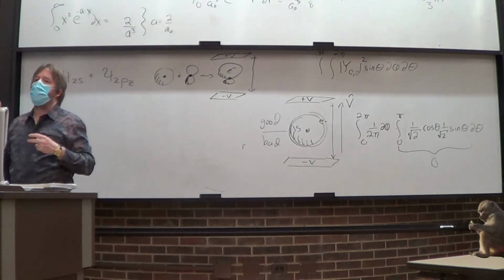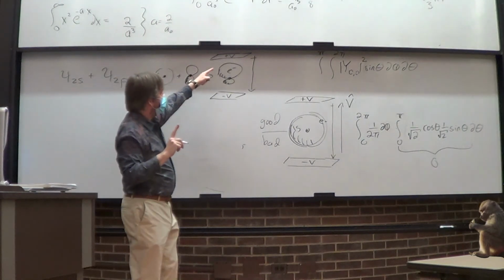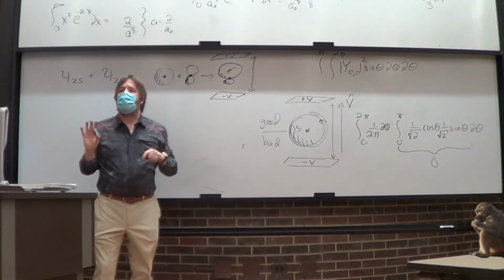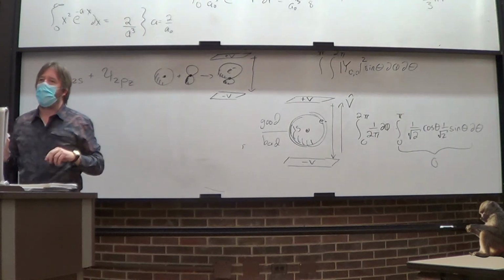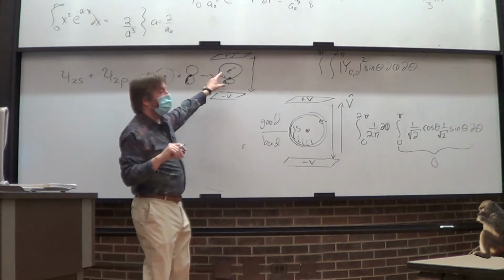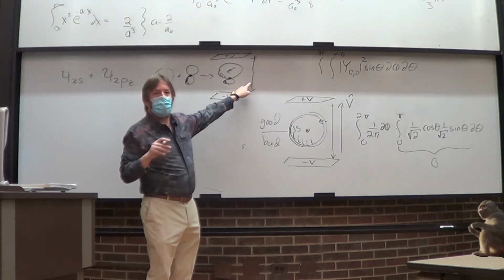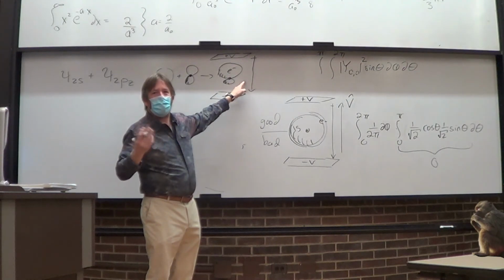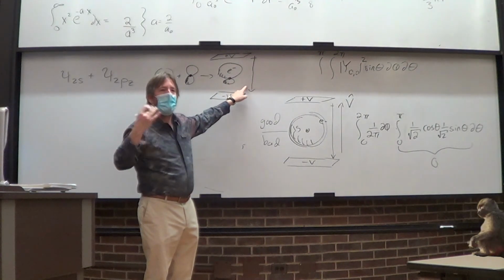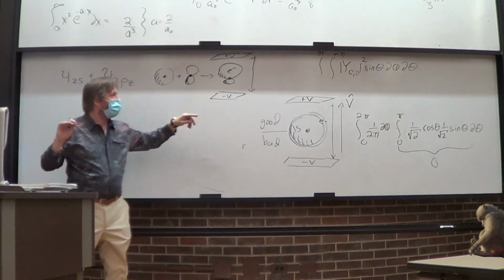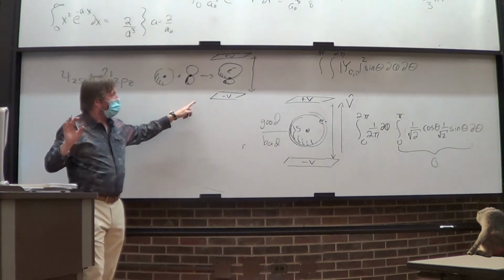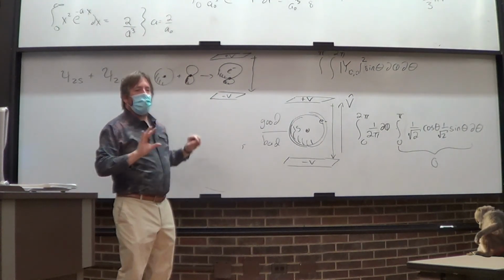It is now spending more of its time towards the positive plate. Now you can also think of this another way if you're really savvy with your physics. It's also formed a dipole, so it interacts with the field. Dipoles interact with the field. That's another way to think about it if you are really up on your E and F. Okay. So that's what this perturbation does.